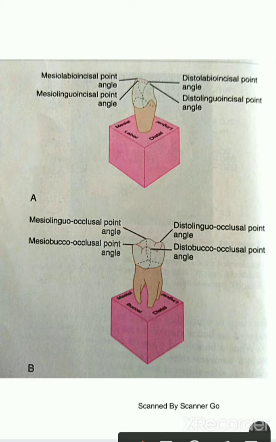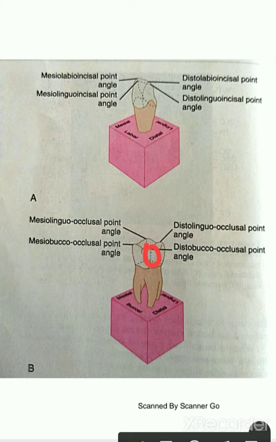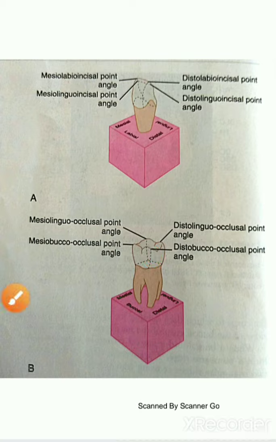When it comes to this one, the distolingual occlusal point angle, whereas this one is called the distobucco-occlusal point angle. These are the point angles and line angles we should know for construction of the tooth. Like in any composite resin restoration, we should maintain these point angles and line angles to form a tooth, and remember the entire structure of the tooth.